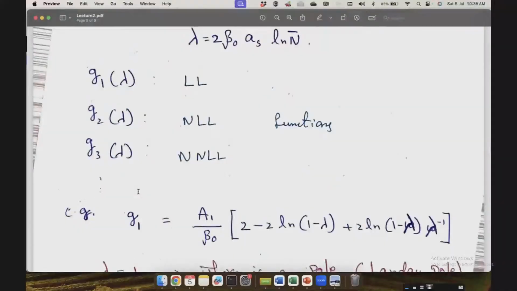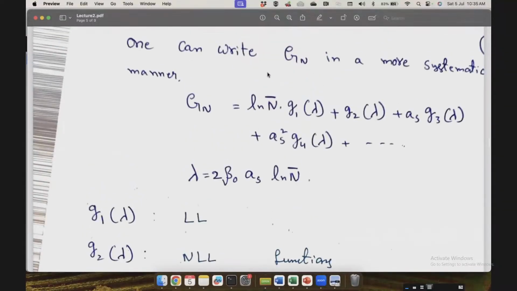Sir, in this Gn expression, why does this G1 only have log n, not anything else like G2, G3? In the expression, if you see above, capital Gn, why is this log n bar there? No, that's what I'm saying. That is how we have written it, so that if I put it back in my exponential and expand it, I will only get the dominant logarithms.